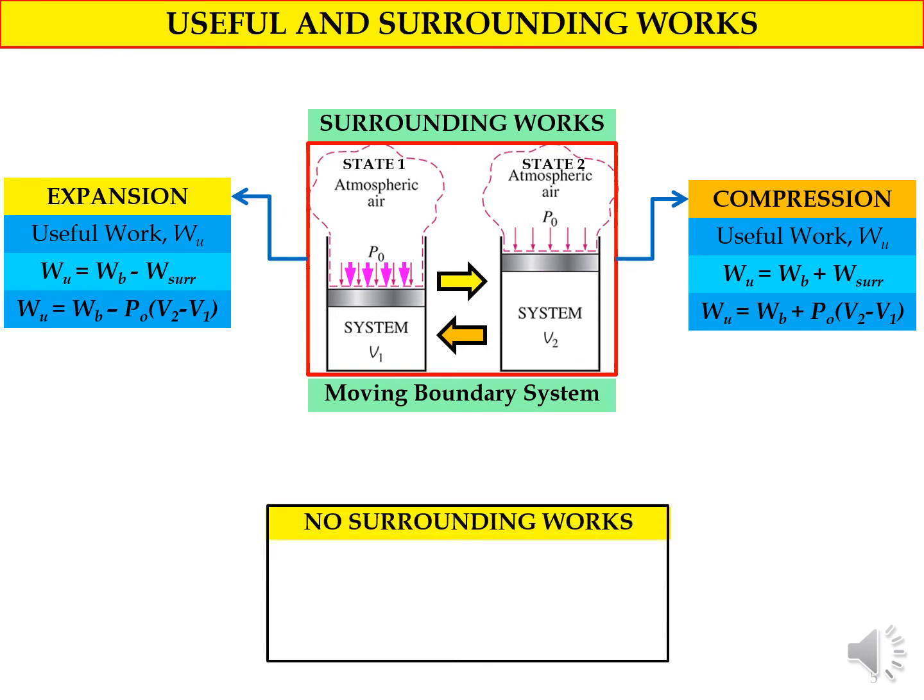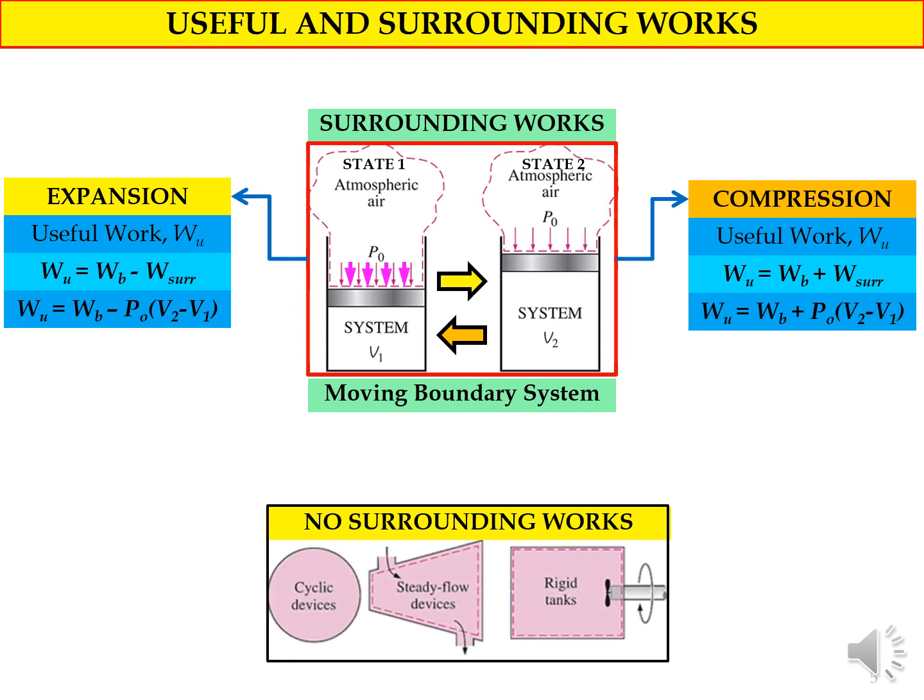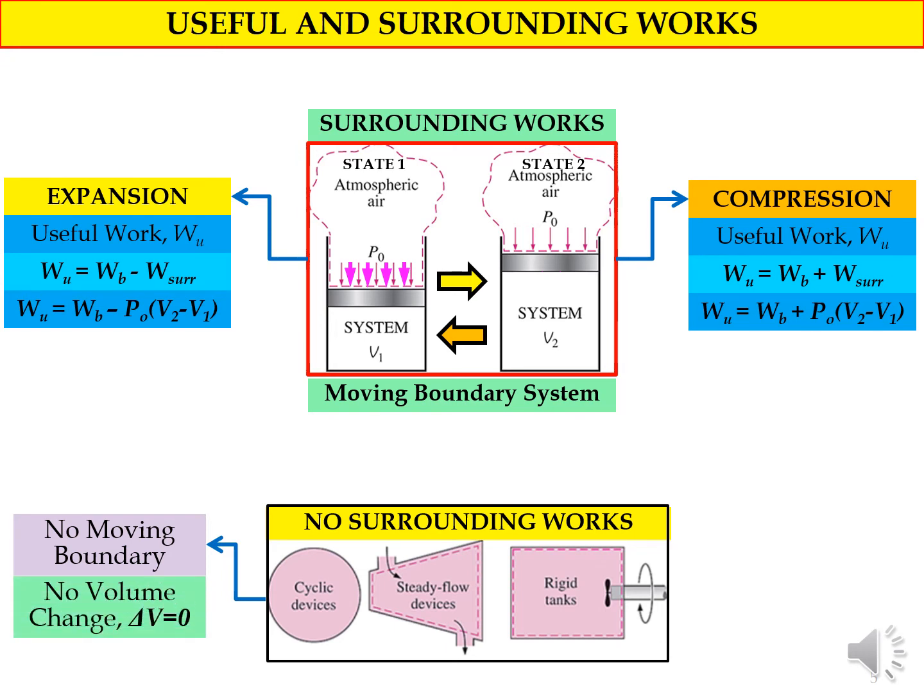So how about the system with no surrounding work? Something like a cyclic device or a steady flow device, which has only a control volume without any volume change. Since it does not have any moving boundaries, there is no volume change, so delta V is equal to 0.